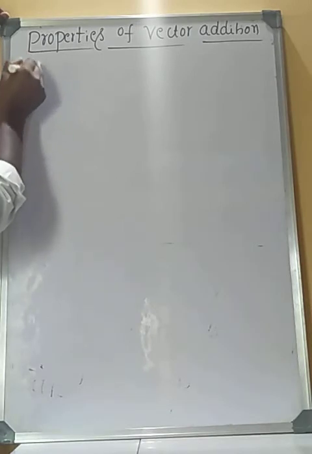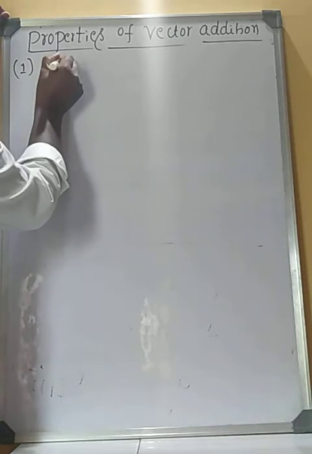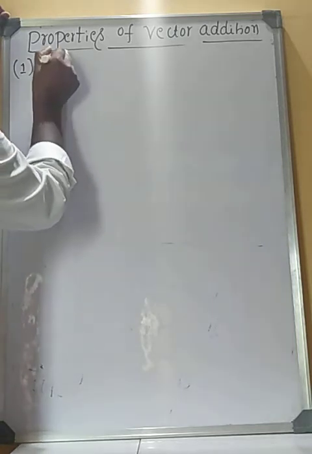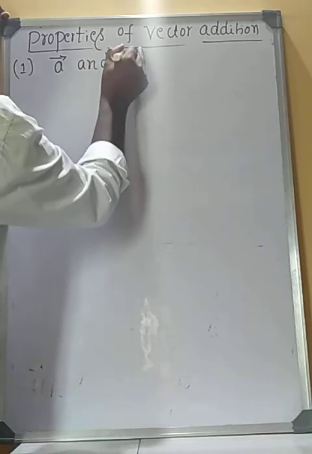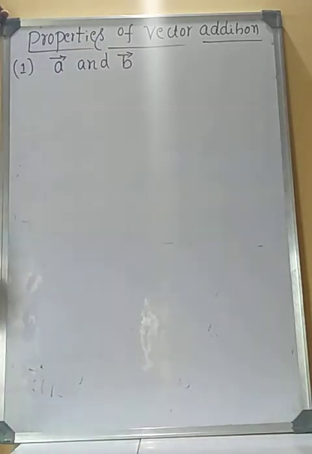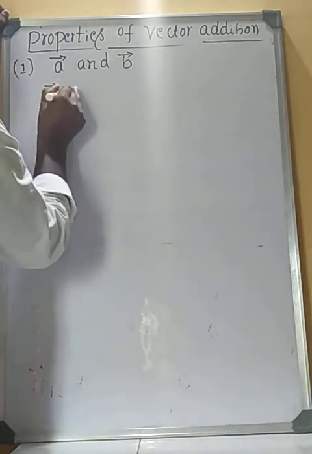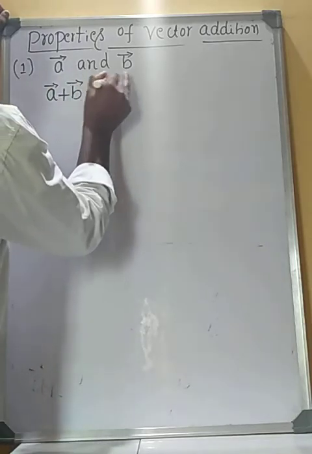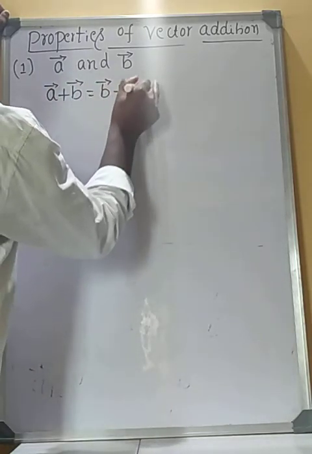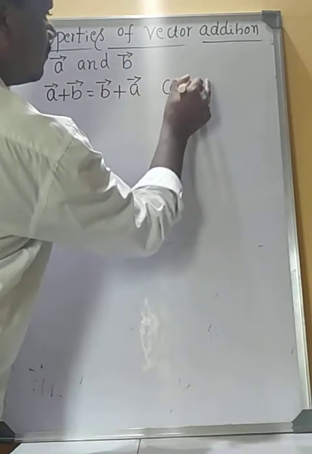The first one: for any two vectors A and B, vector A plus vector B is equal to vector B plus vector A. This is the commutative law.